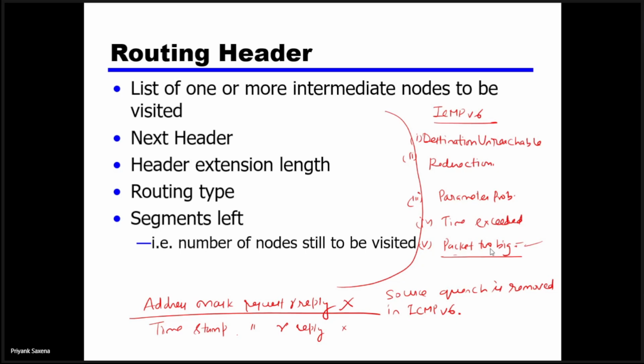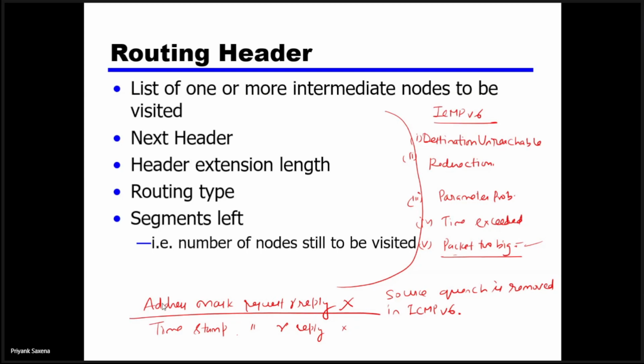Then, as far as the query messages are concerned, there are echo request and echo reply messages. They are still there, right? To check the existence of the other party and to open a connection with it, echo request and echo reply messages are there. But the address mask request and reply messages were removed in ICMP version 6 because there is no subnetting concept here.